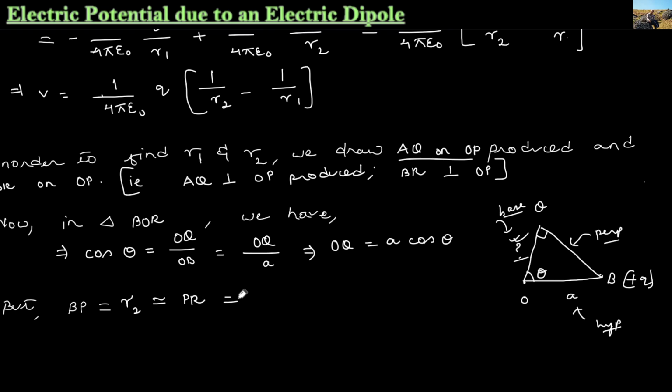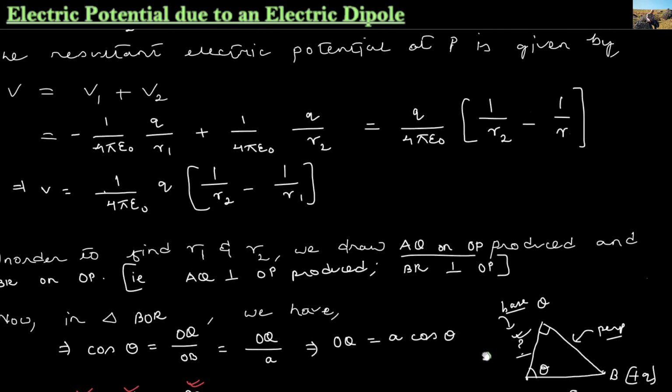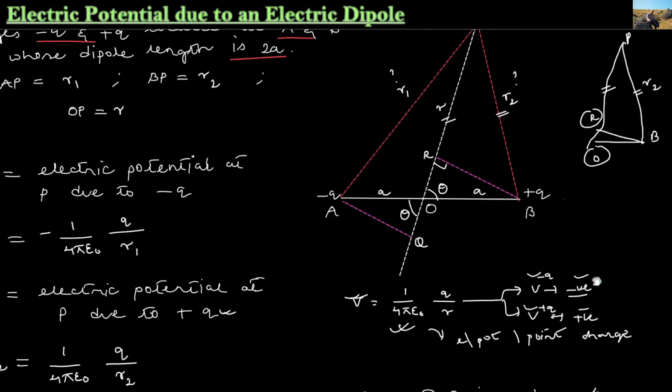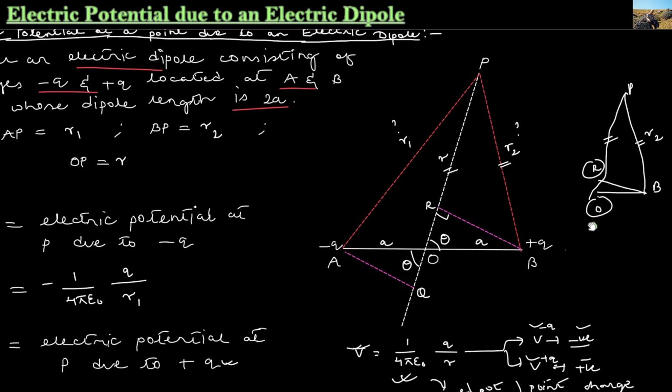But what is PR? These steps are very crucial. I will mark this: BP equals R2, but for a small dipole that is equal to PR. Then what is this PR? When you look at the figure, PR is given by this line.